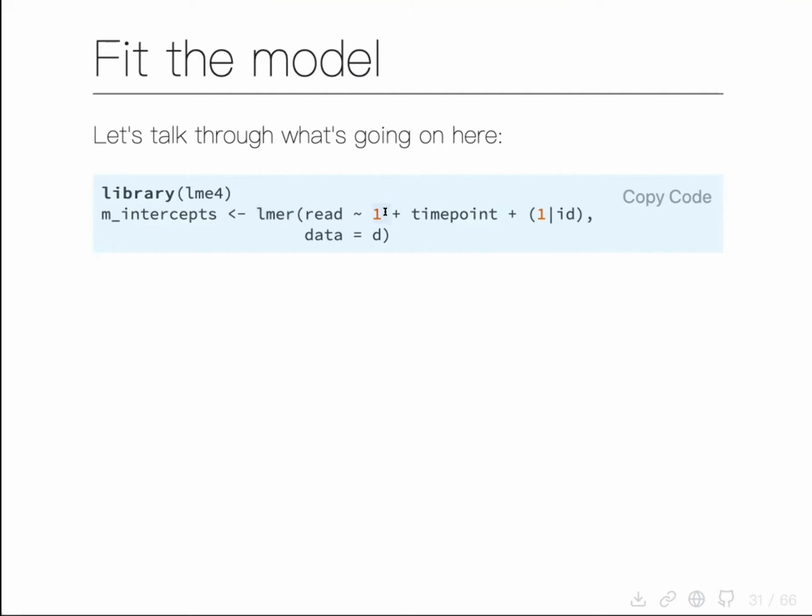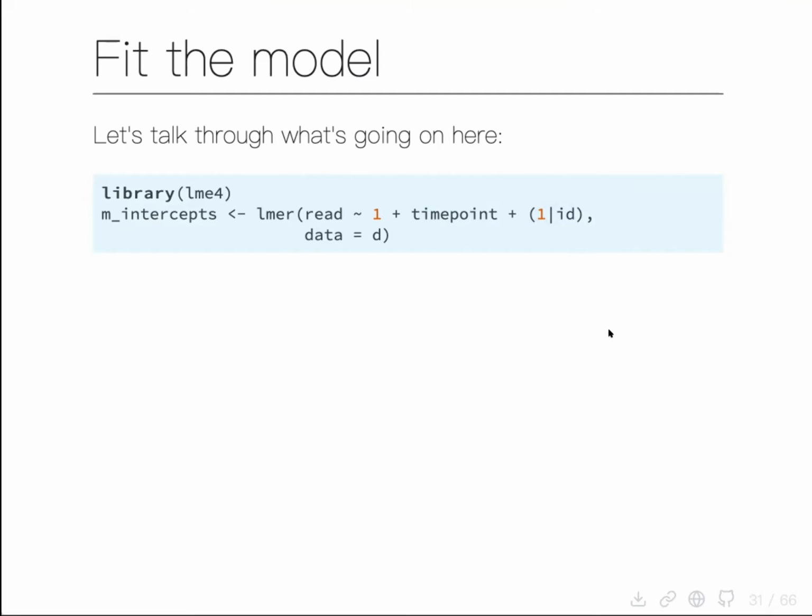So we're going to say 1, meaning an intercept. It's modeled by an intercept plus time point, our time point column, okay? So time point is a predictor of read. Then we're going to say plus, and we have parentheses here. The parentheses specify our random effects, okay? So here we're saying 1, meaning our intercept, varies randomly across ID.